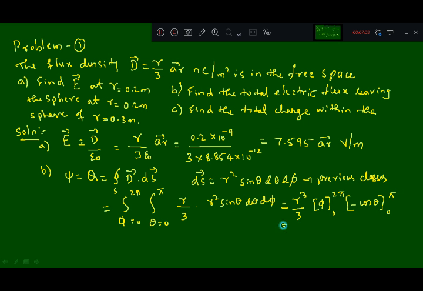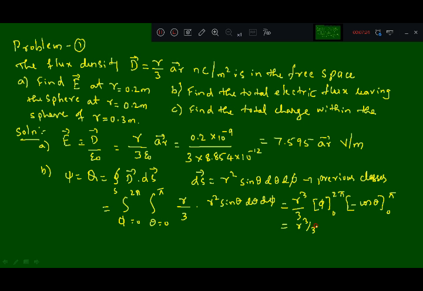So if you solve this, phi gives 2 pi. Then minus cos theta: if you substitute pi, this becomes plus 1, and when you substitute 0, it becomes plus 1.